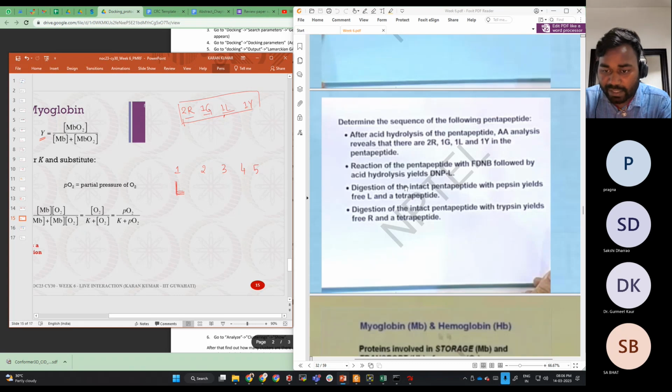Free L. Again, it is telling you that you had only one L, and it is leaving one free L and one tetrapeptide. That means L will be on the left hand side. And where does pepsin digest? Pepsin digests at the C terminal, right? What is the digestion site of pepsin?